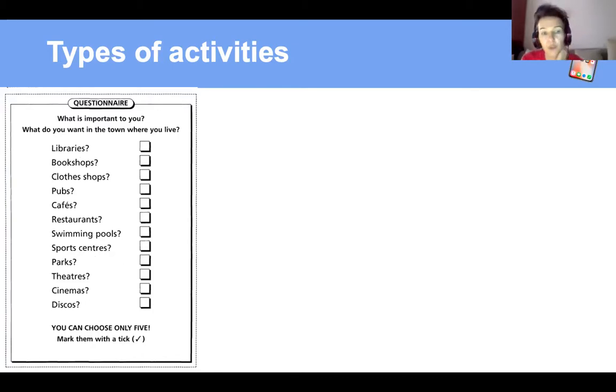Maybe the verb to be. Could you be more specific? Libraries are very important. Bookshops are. But as a speaker, you will be asking questions. So this is an activity about asking questions in present simple.